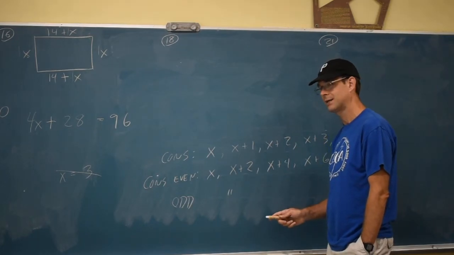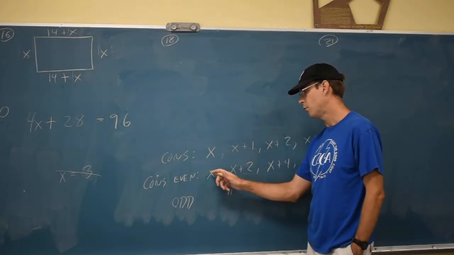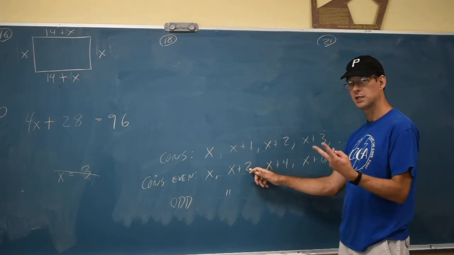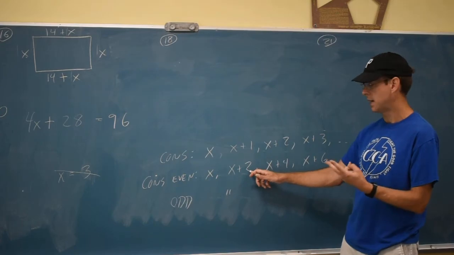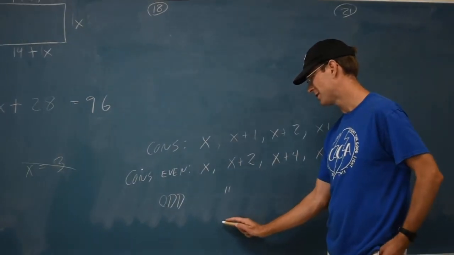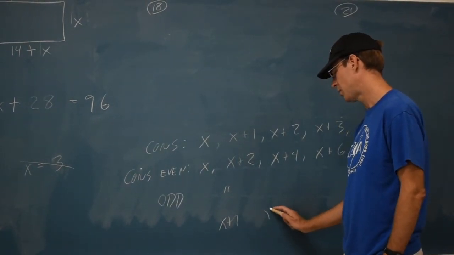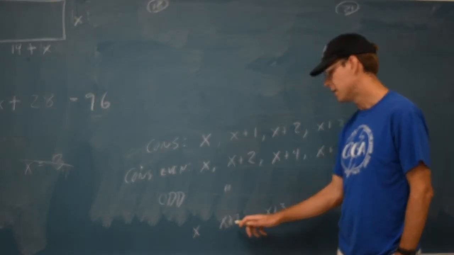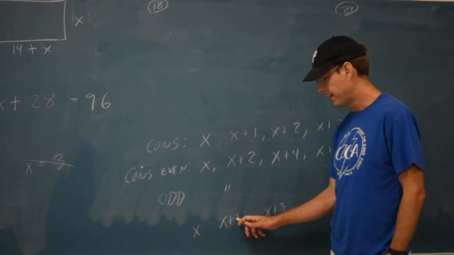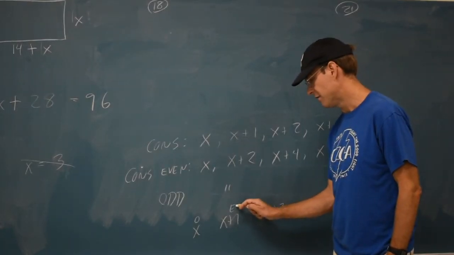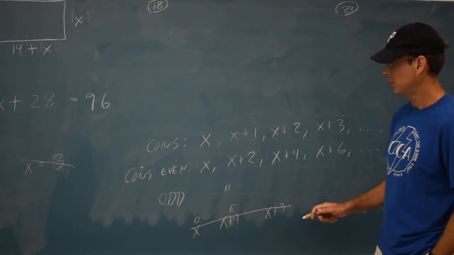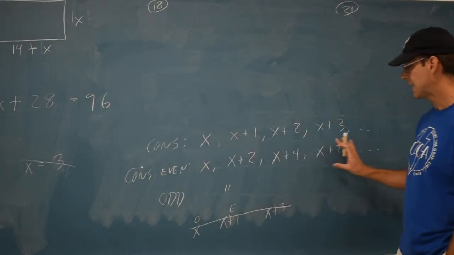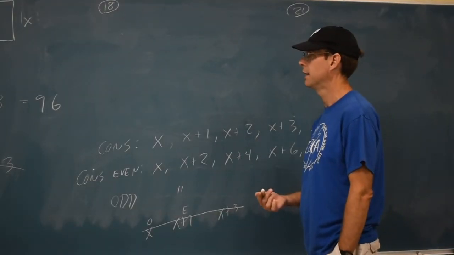It's the same exact list, because to get from one even to the next even, they're spaced by 2's. To get from one odd to the next odd, they're also spaced by 2's. Sometimes people want to do stuff here with X plus 1's and X plus 3's, and that's wrong. Because if you start with an odd, and you add on a 1, which is another odd, this would be even, and that's not the kind of thing we're trying to build. Odd and even use the same exact list, and I think they dropped that hint in the box on the page that I referenced a minute ago.